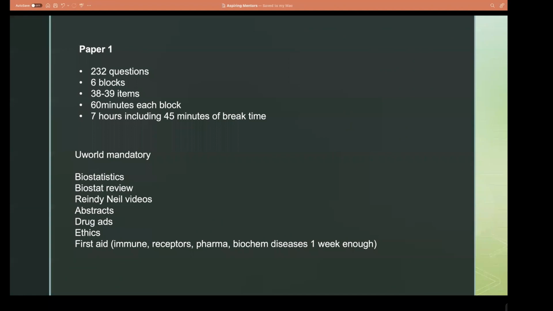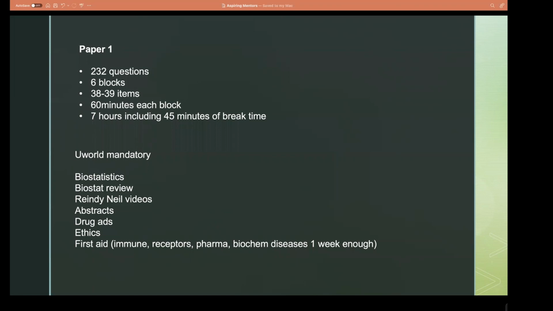So as most of you may or may not know, first I want to tell you the pattern of the Step 3 exam. It is of 2 papers, paper 1 and paper 2. Paper 1 is mostly about basic sciences, and in my exam it was like 40% biostat, 20% ethics and communication skills, as you have already experienced in the CK exam as well.